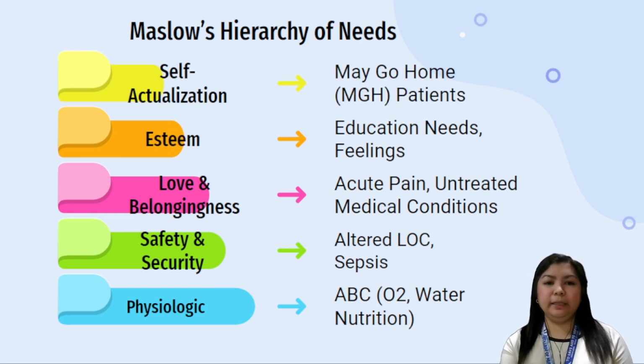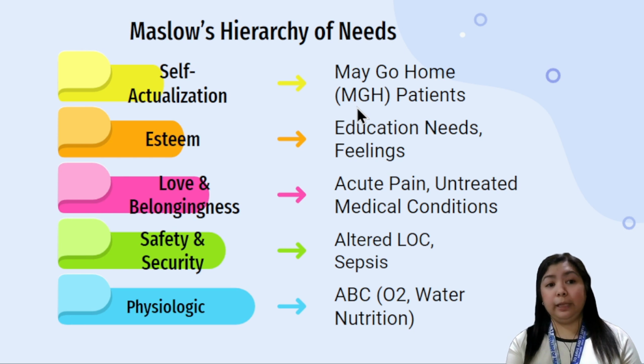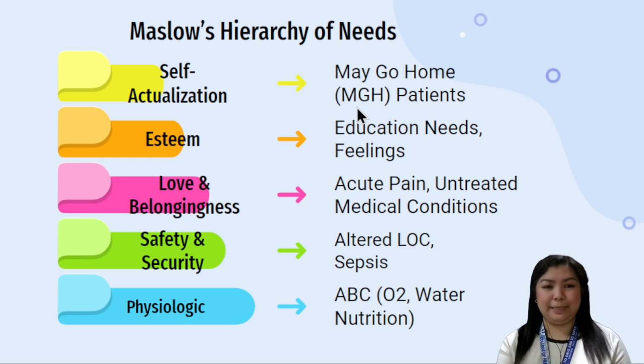And for a patient waiting to be discharged, we call them MGH or may go home patients, think self-actualization and reaching one's full health potential because the patient now is ready to go back to his usual day-to-day living prior to hospitalization.